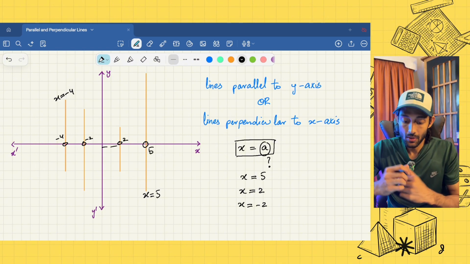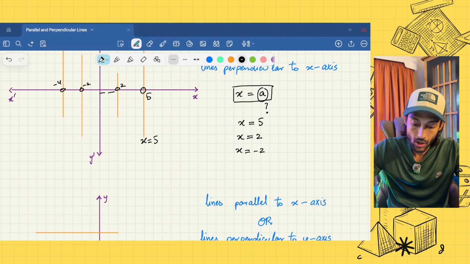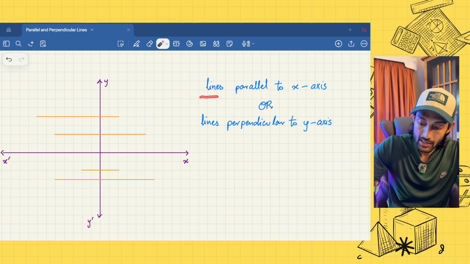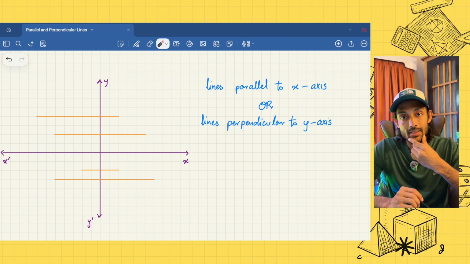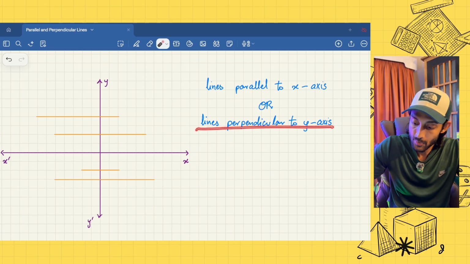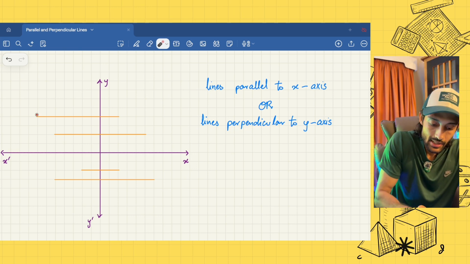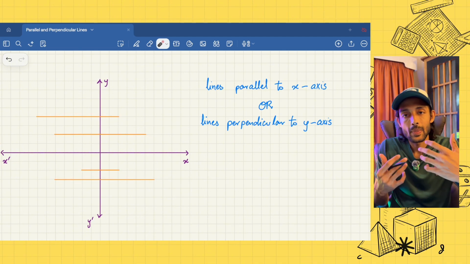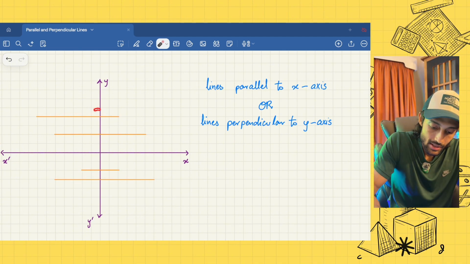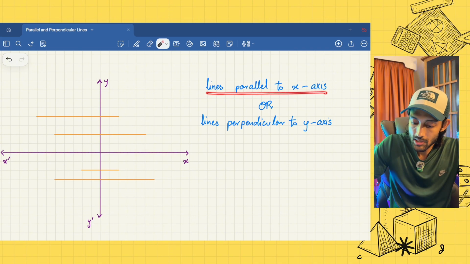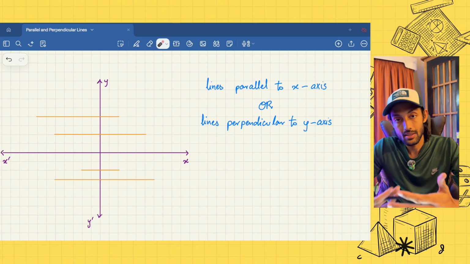Simple. Now, this same concept will be applied on one more case in which the lines are basically parallel to the x-axis. Now, likewise, you can even say this as lines perpendicular to the y-axis. So I can clearly see that these lines are parallel to the x-axis, but we can also see that these lines are also perpendicular to the y-axis. That gives us this conclusion that these two statements make the same sense.